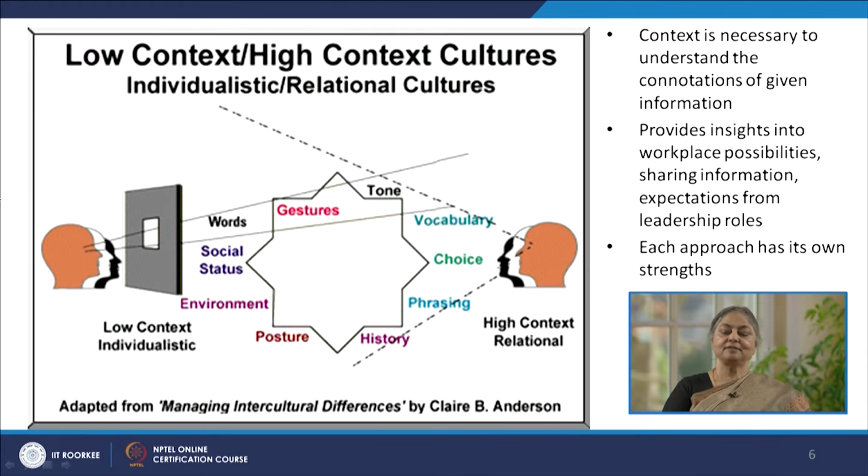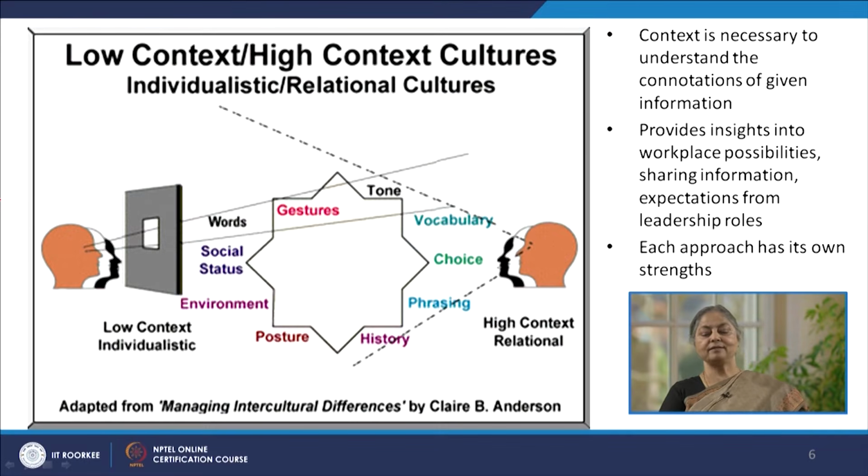This diagram suggests how the significance of low and high context culture is important for us to understand in any intercultural situations. It is very important to understand the cultural context in which a person is speaking to find out what exactly are the connotations of given information or to understand the ways in which the given information has to be decoded.